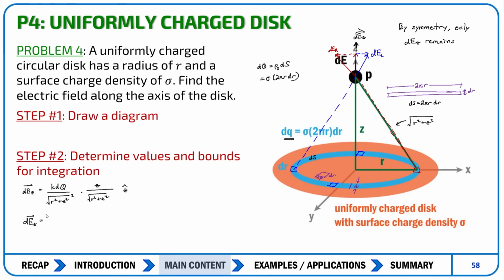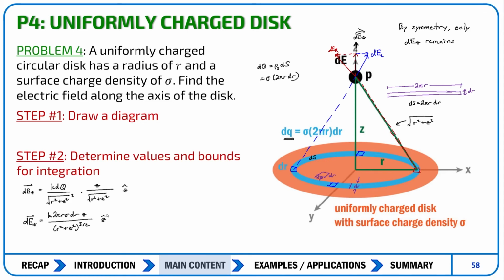And in this case, we have k, 2 pi r sigma dr, z divided by r squared plus z squared to the power of 3 over 2 z hat.